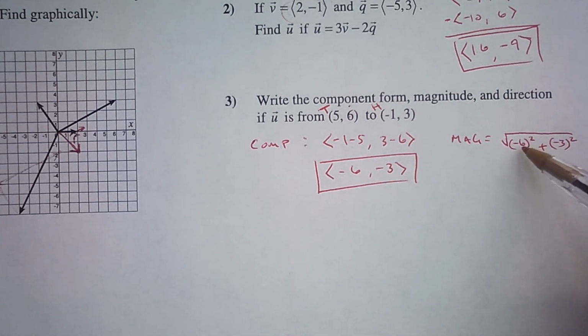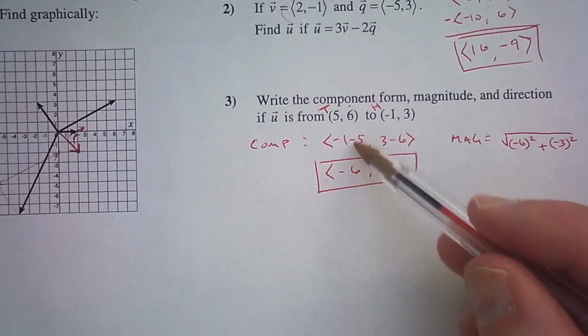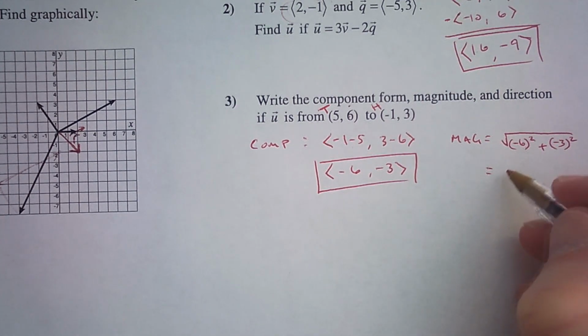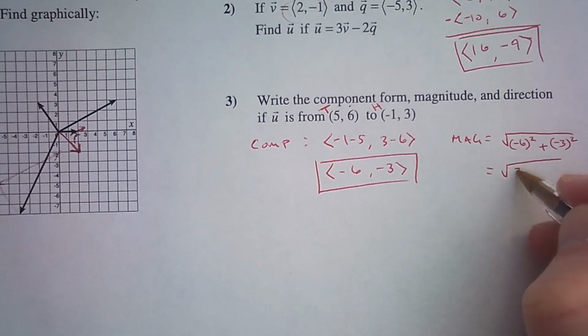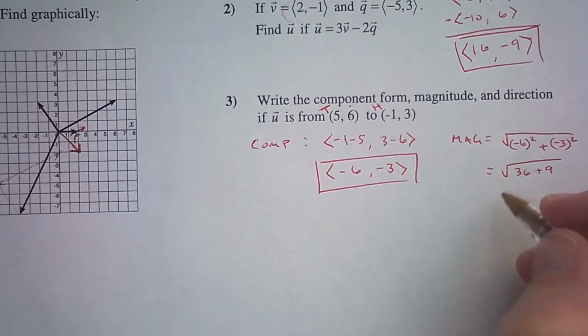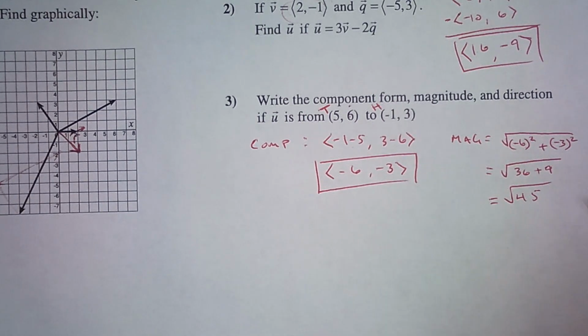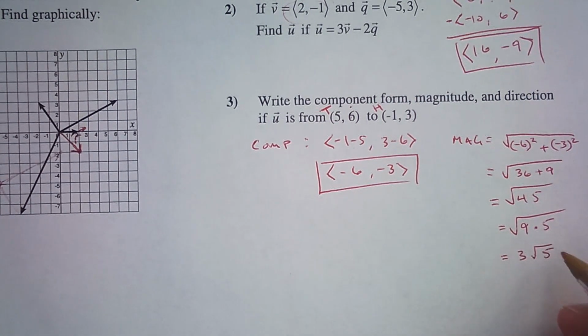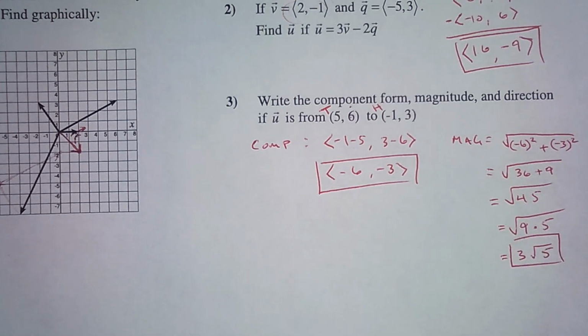So normally inside the distance formula, we subtract and square, but we've already done the subtracting, so we're moving on to just the squaring. Okay, so that is the square root of 36 plus 9, which is the square root of 45. Okay, now 45 is the same as 9 times 5. And 9 is a square number. The square root of 9 is 3. So the magnitude is 3 times the square root of 5.